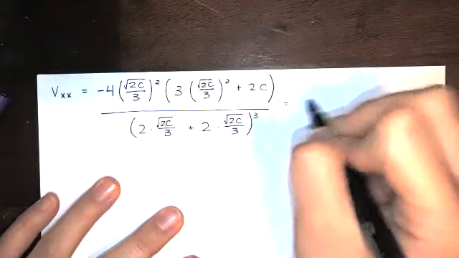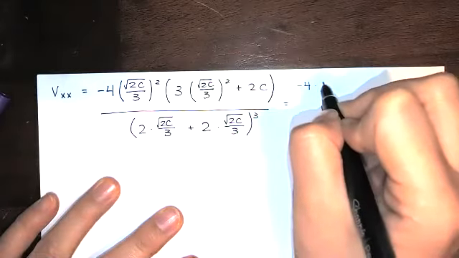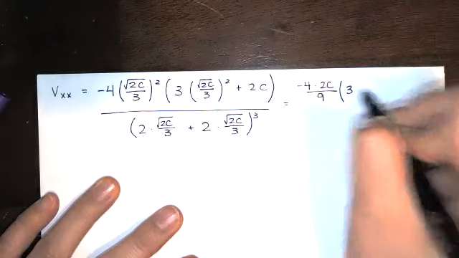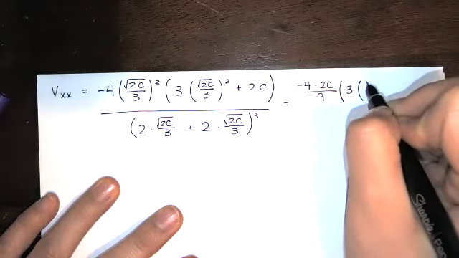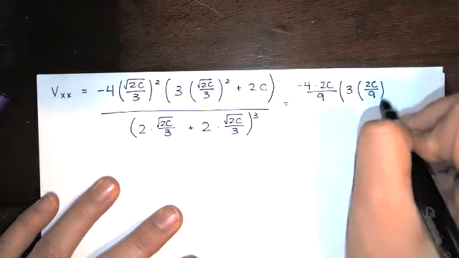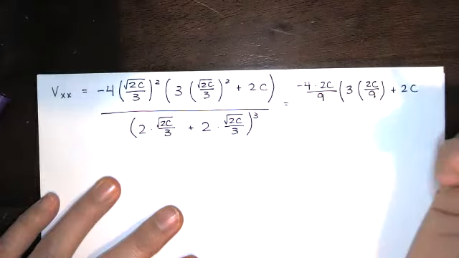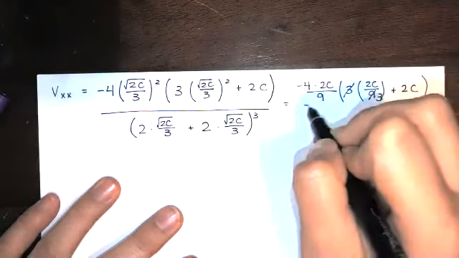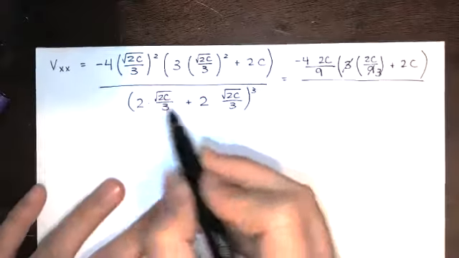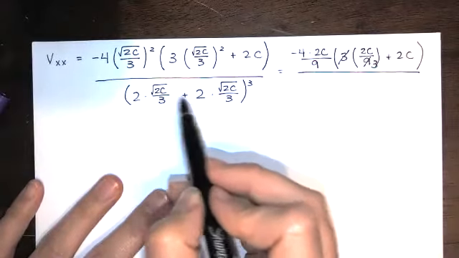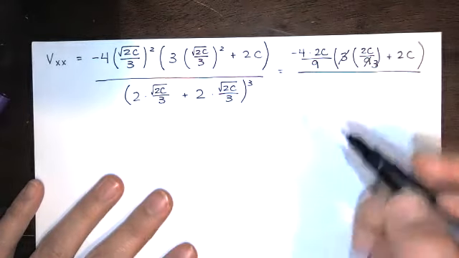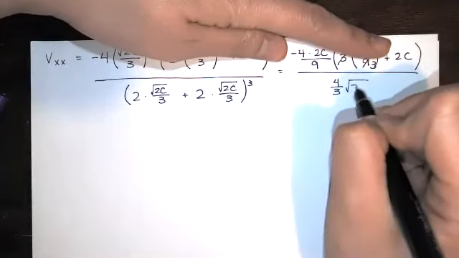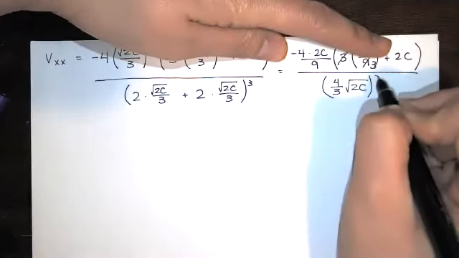And so what we get is negative 4 times 2c divided by 9 times this quantity, 3 times 2c divided by 9 plus 2c. And this goes into that 3 times. And then in the denominator, I've got 2/3 of these and then 2/3 more, so that's going to be 4/3 times the square root of 2c, and all of that's being cubed.